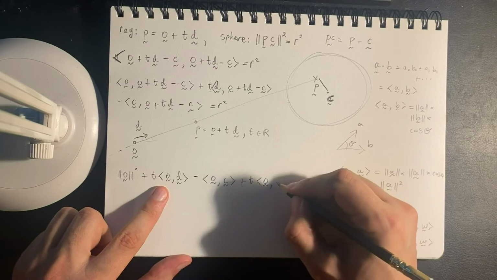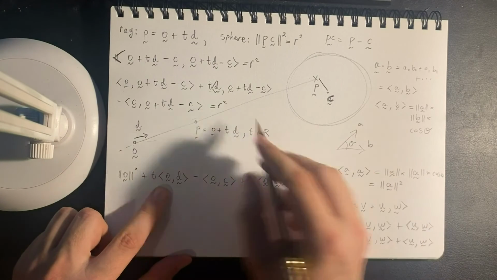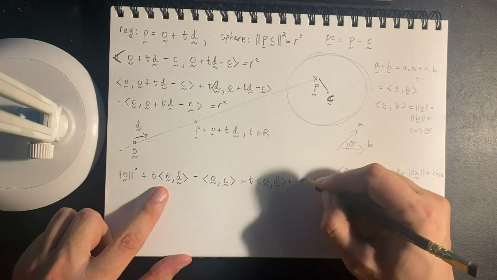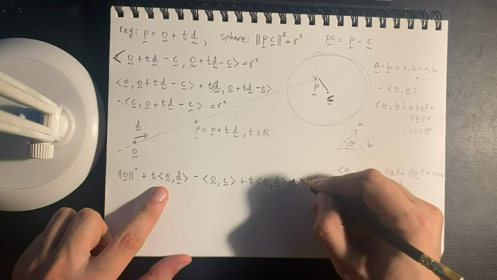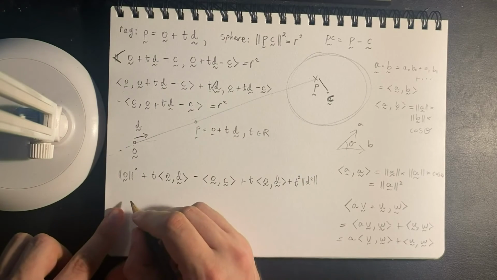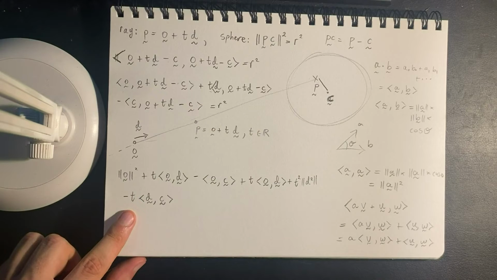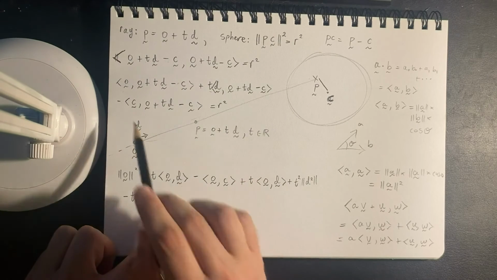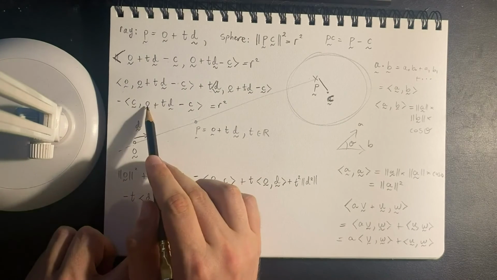So instead of D O, I'm going to have O D, so it's the same expression. And then if I pull this, I have D dot D, which is the magnitude of D squared. And then I pull that other t out. So I have t squared times that thing. And then now I'll have that expression there. Okay. We'll keep going. So we have minus O C.